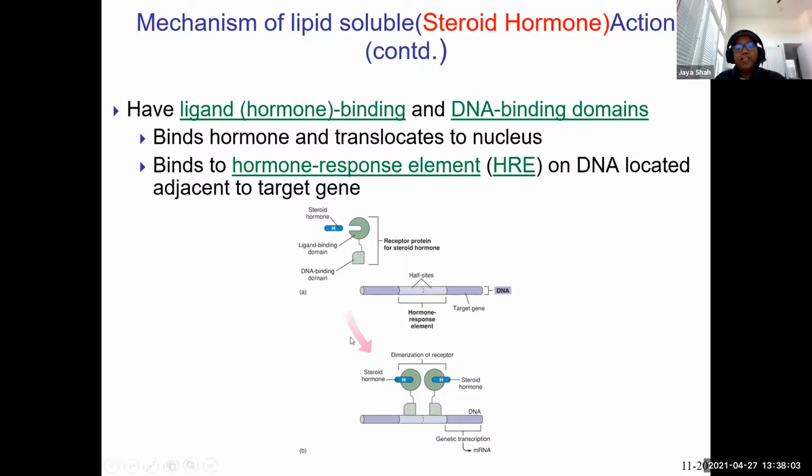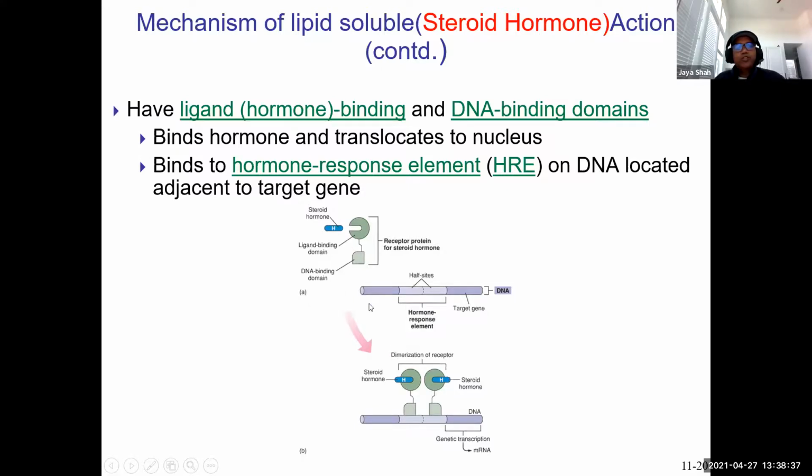So this target gene is here, and for every target gene, there is a hormone response element site where the hormone binds. Okay. So here is the receptor protein for the steroid hormone, with the ligand binding domain or hormone binding domain, and the DNA binding domain.